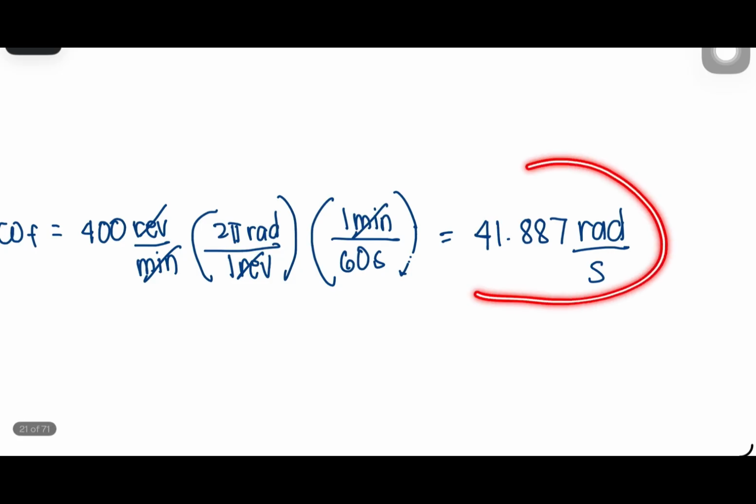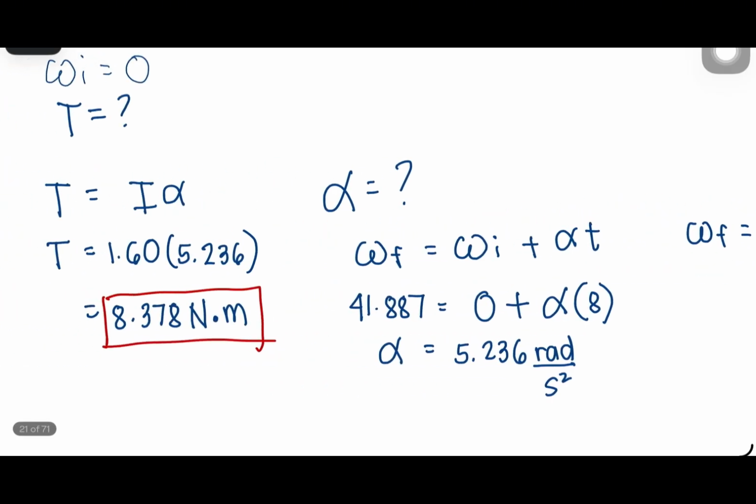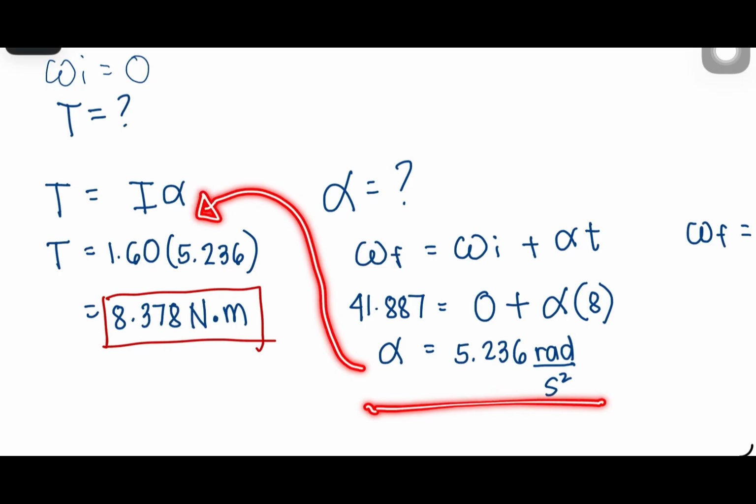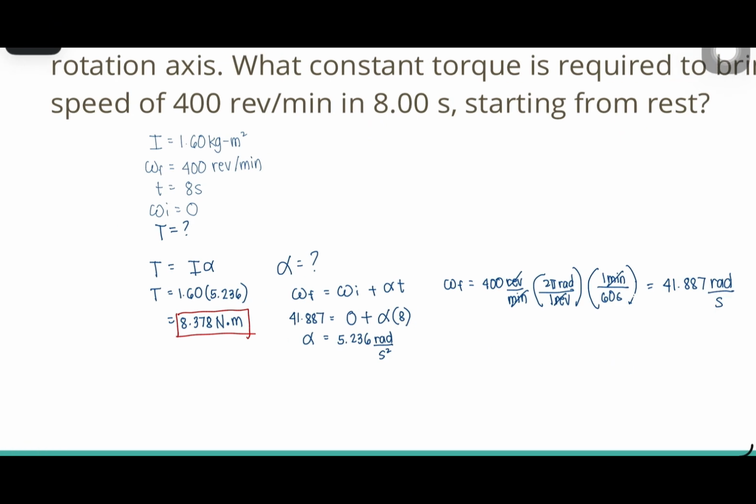Kaya nakuha dito yung angular speed in rad per second. Then, next, once na nakuha na yung alpha, babalik na natin siya dito sa equation ng Newton's second law for rotation. Kaya masosolve natin yung torque equals to 8.378 Newton meter.